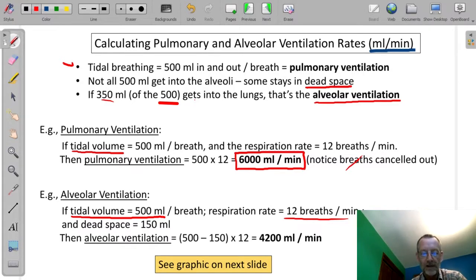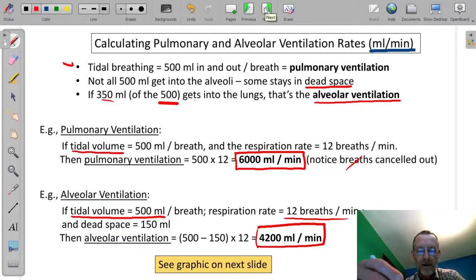So you subtract that out. So you have 500 minus the 150 gives you 350 times 12 be 4,200 mils per minute. So alveolar ventilation is going to be less than pulmonary ventilation.